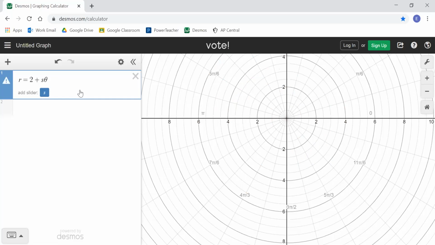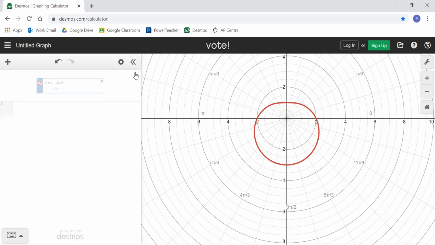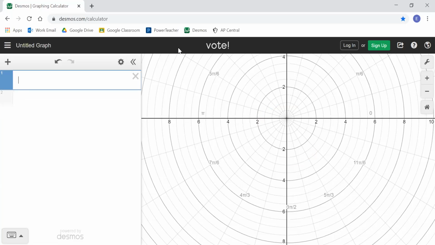If I make it a sine, it's going to flip up. And if I make it a minus sine, it will flip down. All the same symmetry that I talked about earlier will still apply. Good or no? Good. Great. That's spectacular.